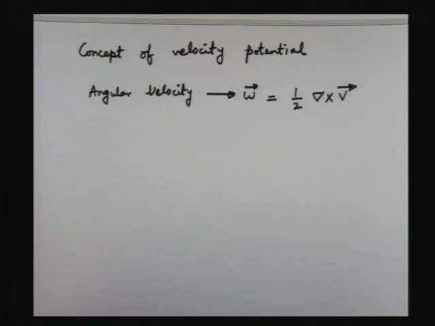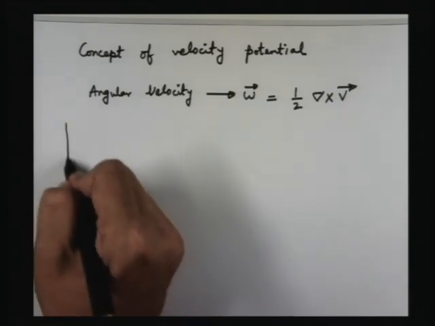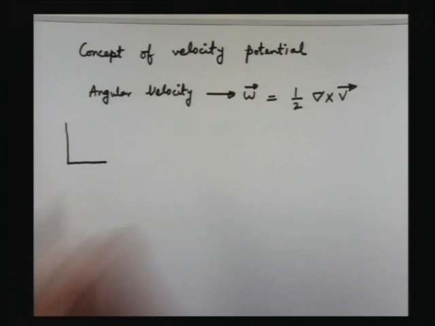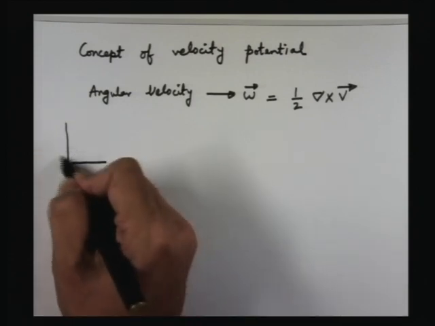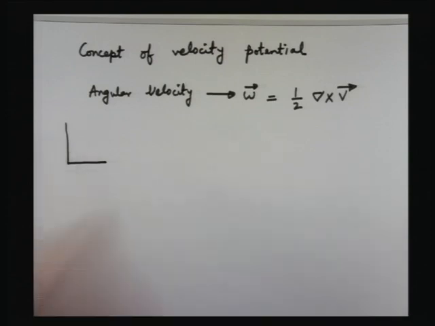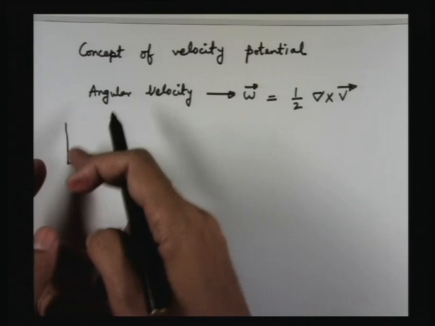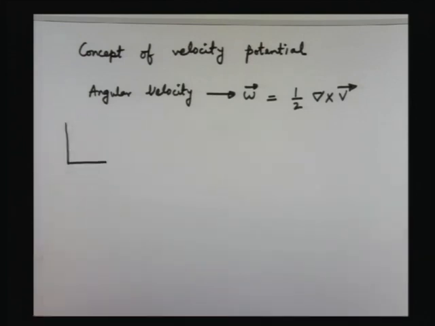So if you had two line elements that were perpendicular to each other, the average rotational velocity of these two line elements. So this is rotation in one plane. Similarly, there could be rotation in three different planes.